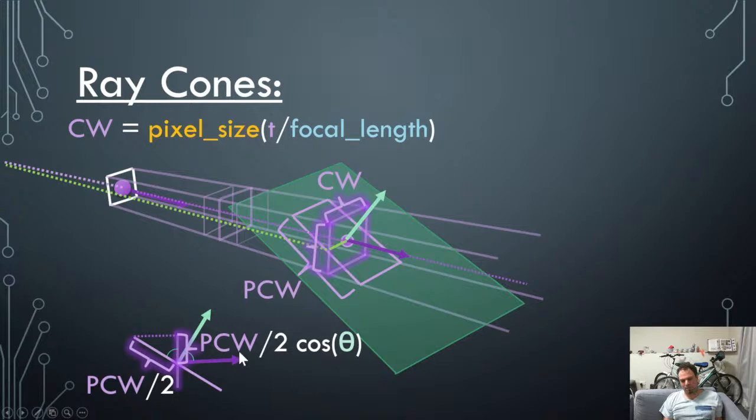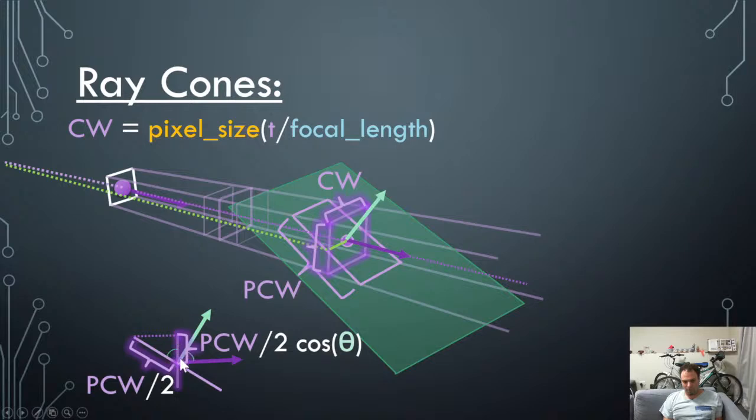So we multiply it. But you can see here, this is the cone width, the original, and we want this one, and we have a right angle triangle here, and this angle between the normal and the ray direction is the same angle over here.